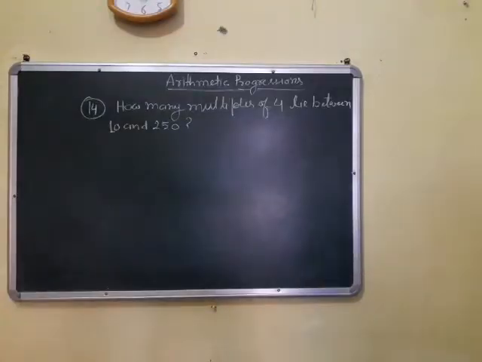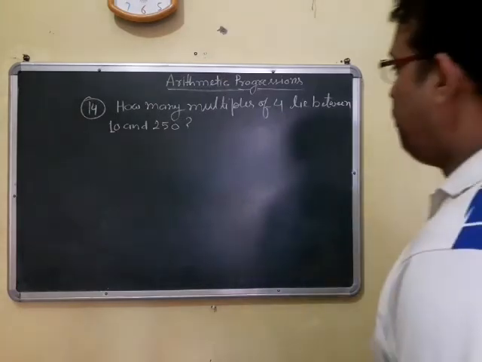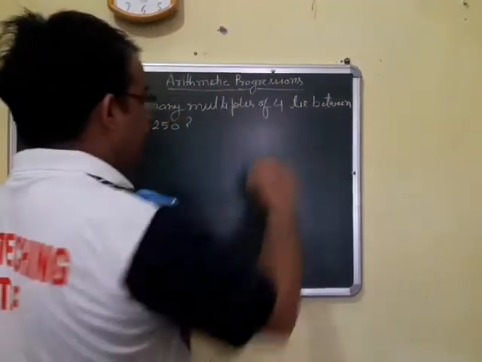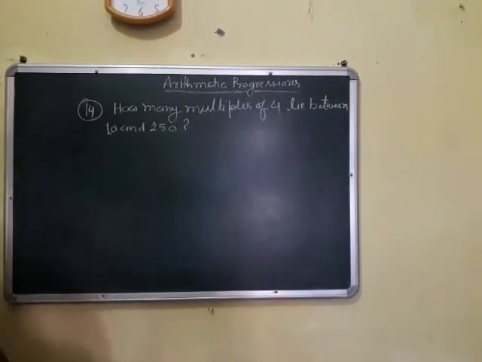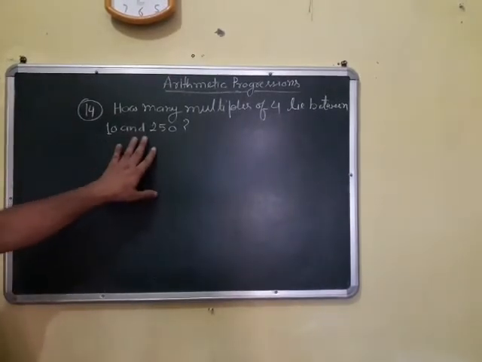Now we discuss how many multiples of 4 lie between 10 and 250. So first we find, what do we find? Whose multiples?